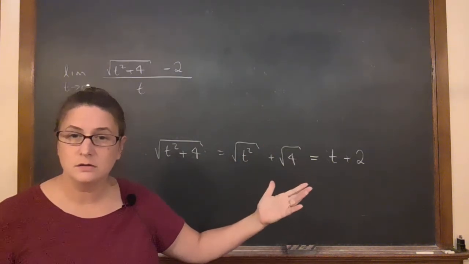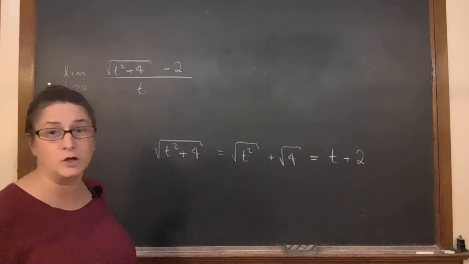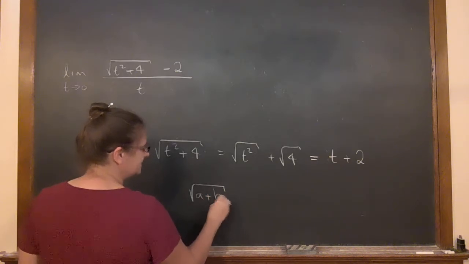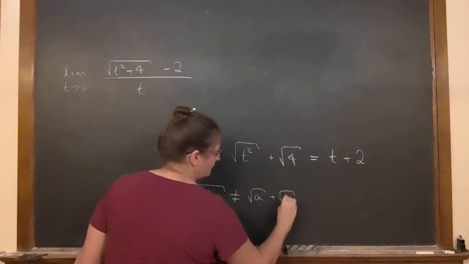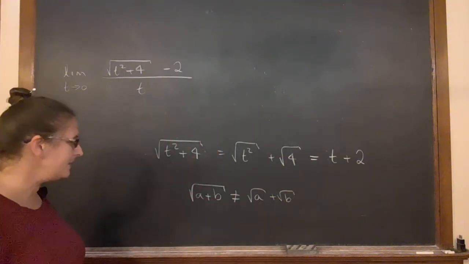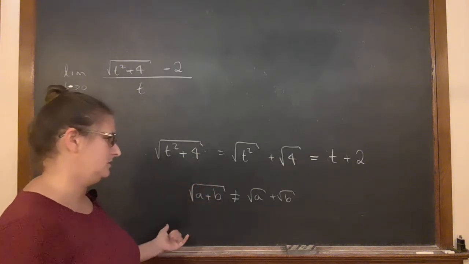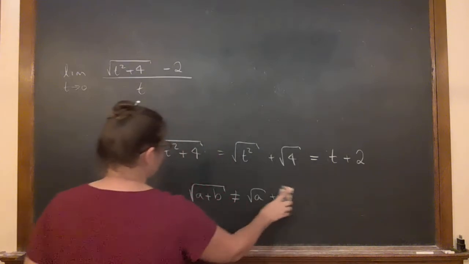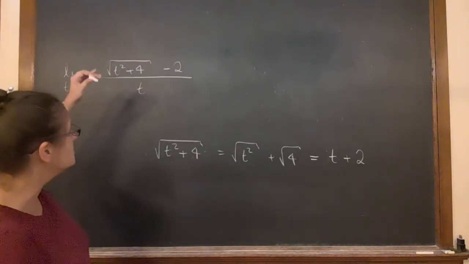First of all, you can't do this. So don't do this because I'll fail you. If I have the square root of a plus b, this is not the square root of a plus the square root of b. Okay? It does not distribute. In fact, there's some other stuff in there. It's not that. So you can't break it up like that.